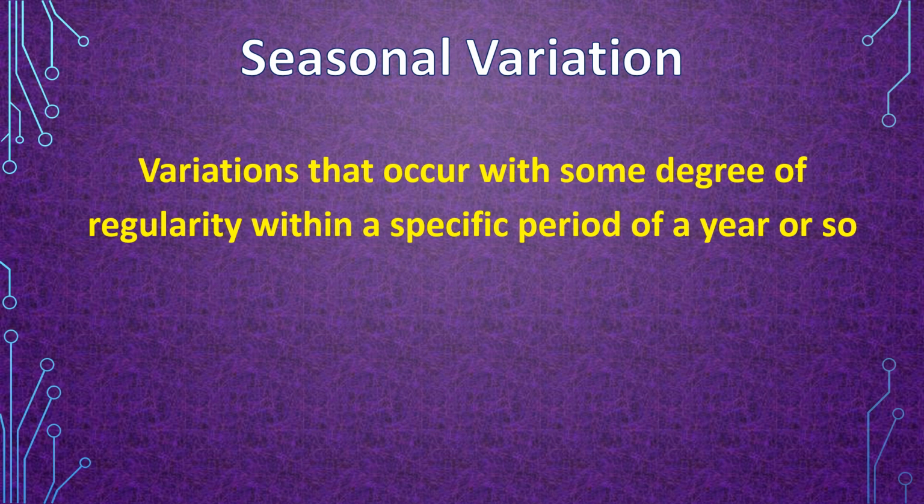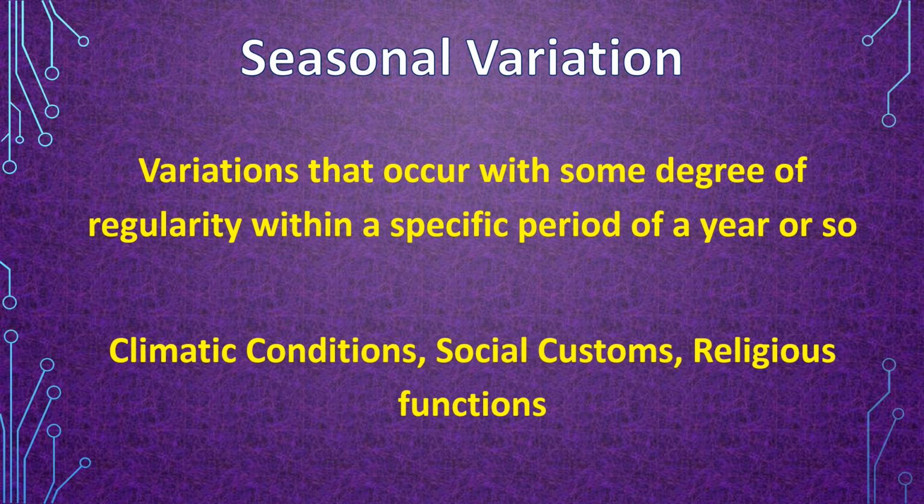These seasonal variations may be due to two reasons: natural factors or man-made conventions. The seasonal movements due to the various seasons or the weather conditions and the climatic changes are due to natural factors, like the sale of woolen clothes increasing in the winter and the sale of ice increasing in summer. These are affected by the natural forces, and the production of certain items like sugar etc. depends on seasons.